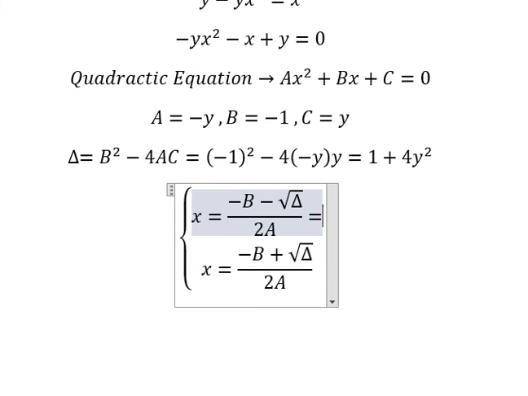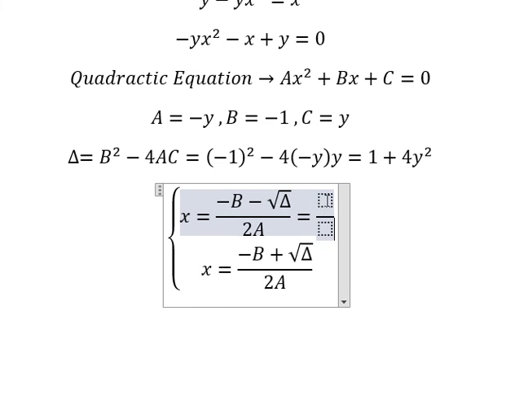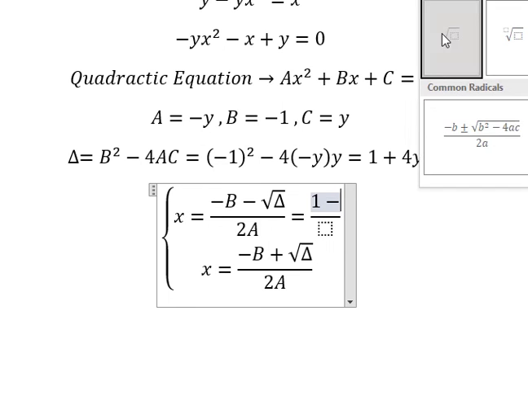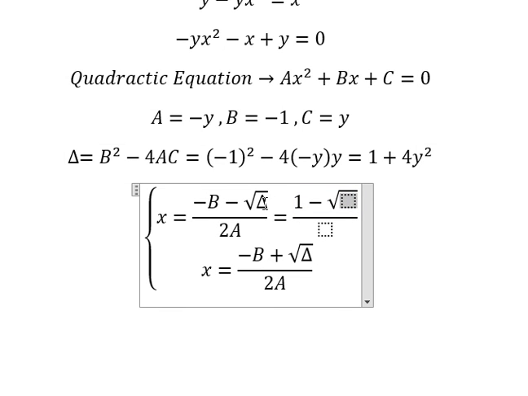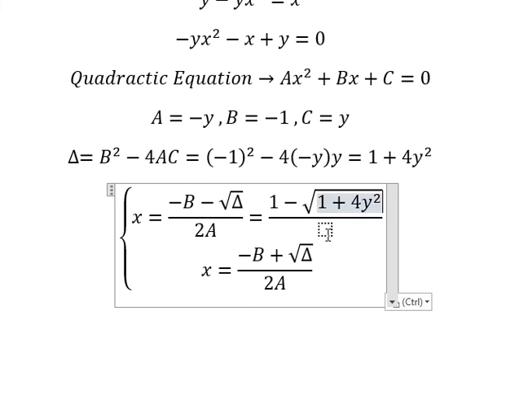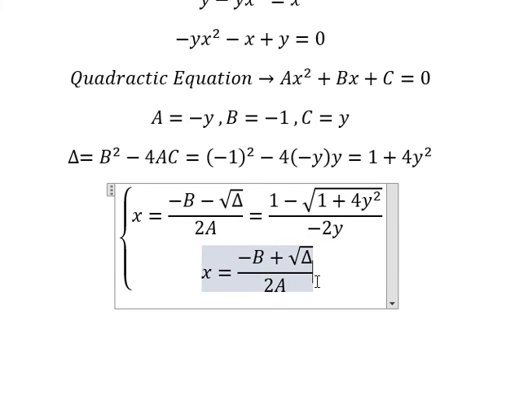So for the first one, that should be like this. So we have negative 1 with negative, we have positive, and this one over 2a. We have negative 2y. Now we go to the second one.